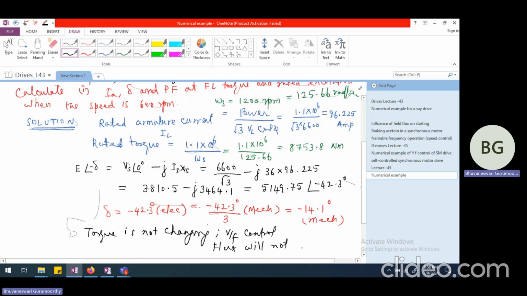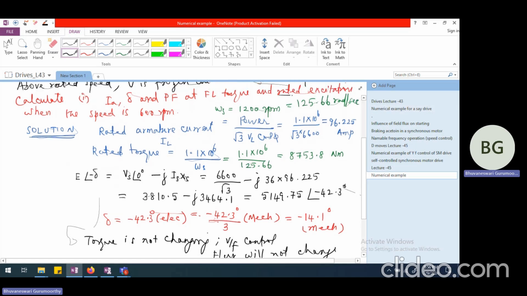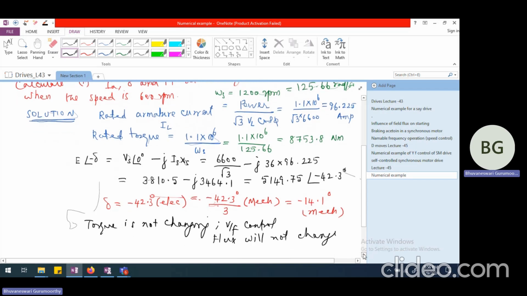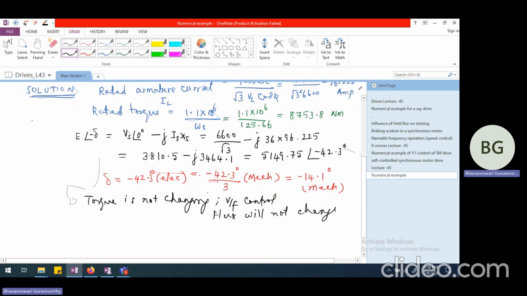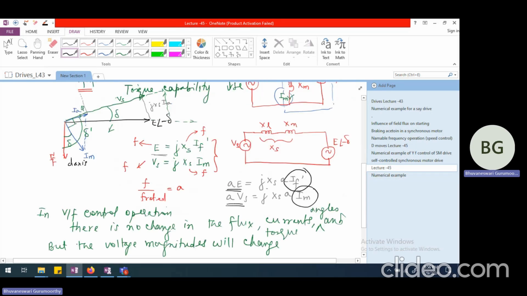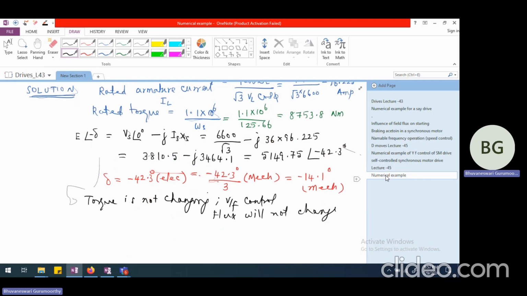And it is also at rated when the speed is 600 RPM and it is rated excitation. So we are not even having any change in field current also. So flux will not change. So we already saw in the previous thing that none of the angles will change. Angle will not change. Currents will not change. Only speed will change, and because speed changes, power will also change.